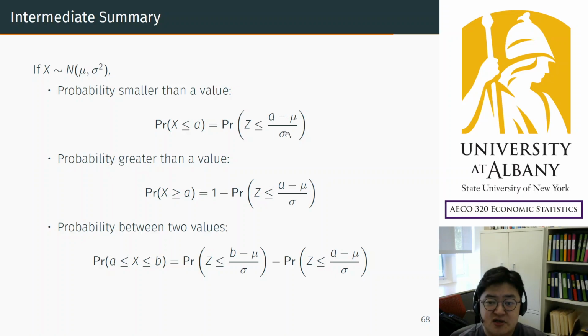So basically, standardize X and A, and then make some conversion so that the probability about the standard normal is in cumulative probability form. Okay, that was the idea.